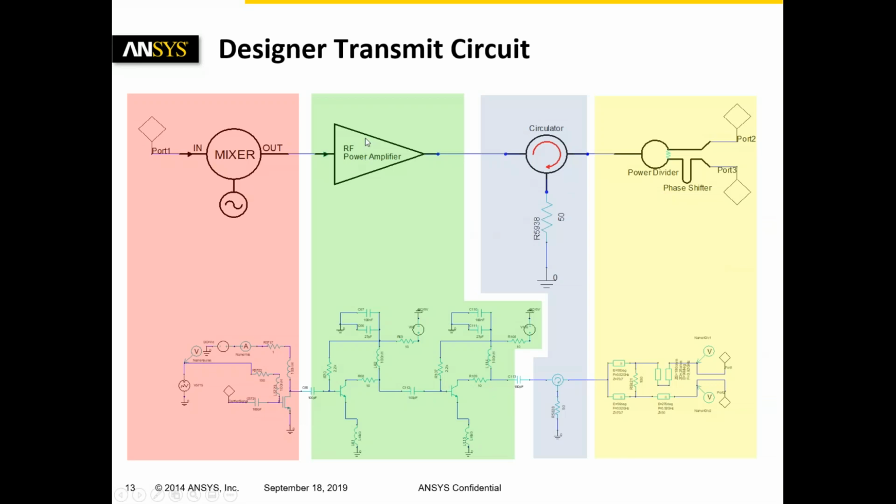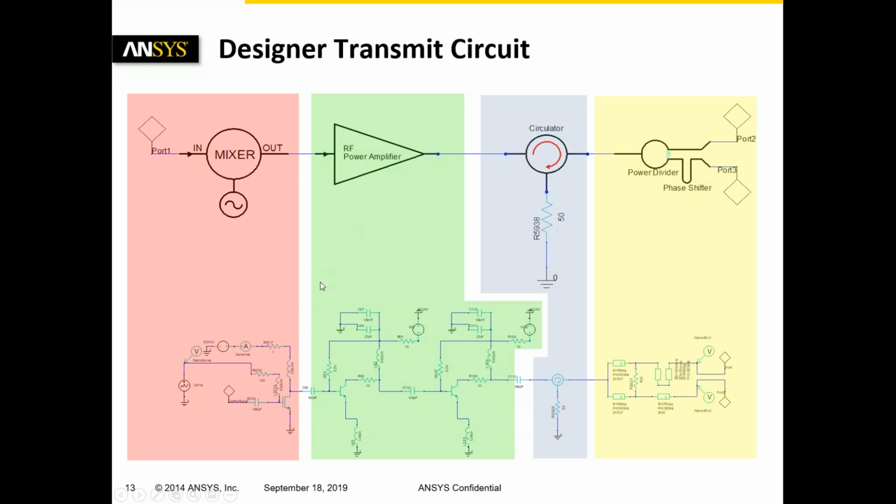Then we use the circuit tool to make the Designer transmit circuit. So we have the mixer, the RF power amplifier, circulator, and lastly the power divider.